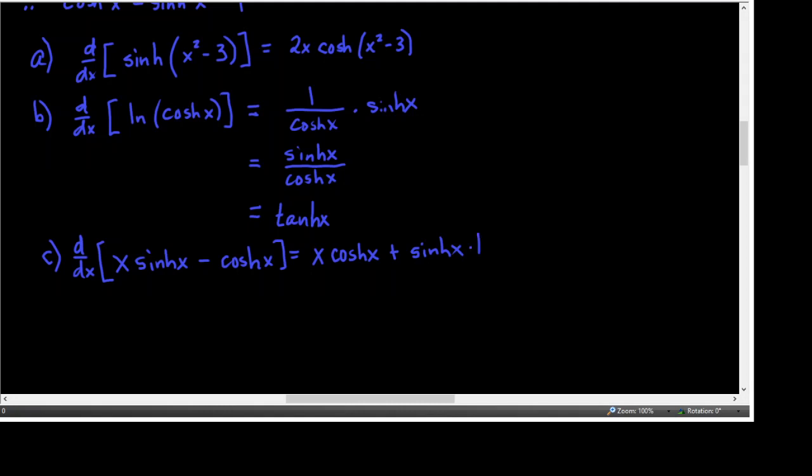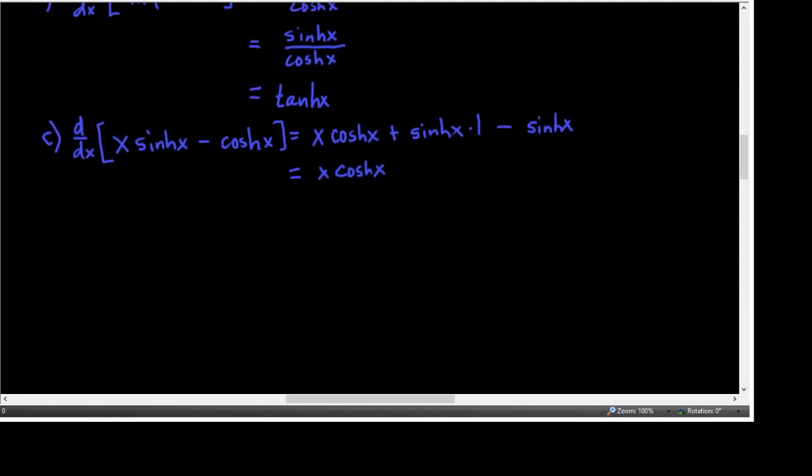The derivative of x is 1, minus the derivative of hyperbolic cosine of x, which is hyperbolic sine of x, and simplifying, you're left with x times hyperbolic cosine of x.